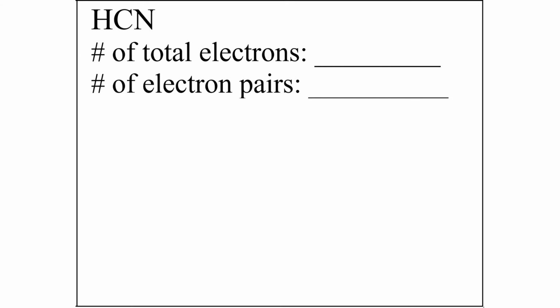Whenever I see carbon, I have to put carbon in the middle. So carbon goes in the middle. I'm going to just put it in that order, same order. Put in the valence electrons. 1, 1, 2, 3, 4. 1, 2, 3, 4, and 5.